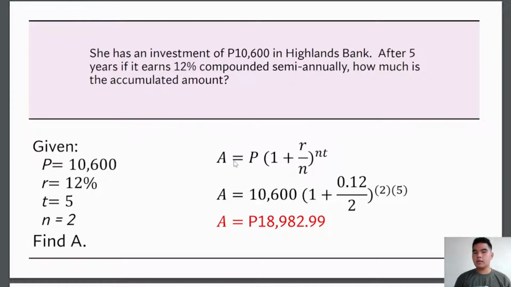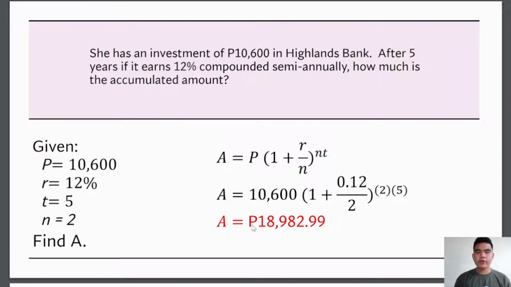So again, the formula is A = P(1 + R/N)^(NT). By that, A is equal to 10,600 times (1 + 0.12/2) raised to 2 times 5 or 10.